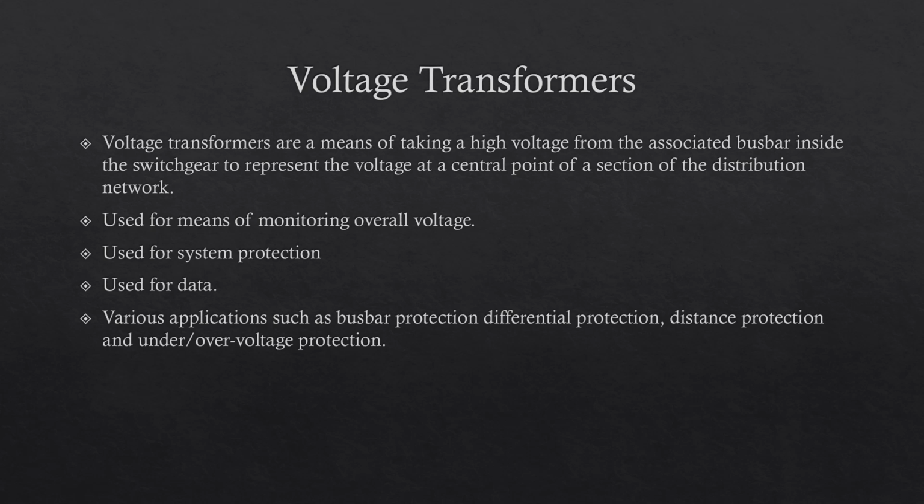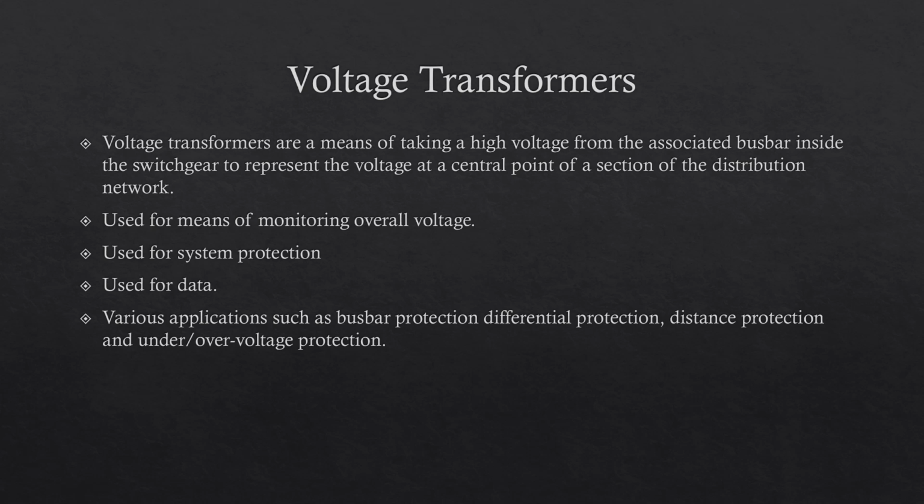So if we take the example of using the bus bar voltage inside of an 11,000 volt switchgear enclosure, then we would have the voltage transformers taking that high voltage and converting it to a low voltage, let's say, for example, 110 volts. So in that case, it'd be a factor of 100 to 1, where we reduce that voltage by a factor of 100 to get it to 110 volts.